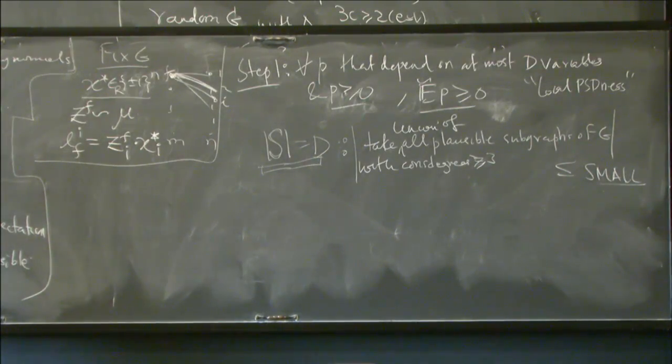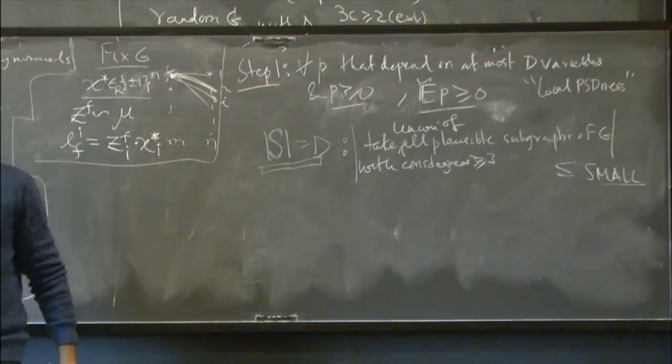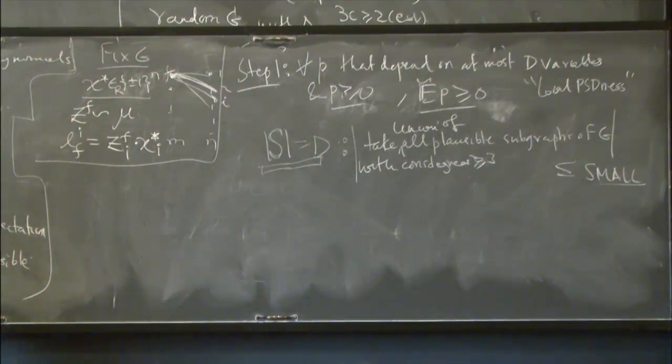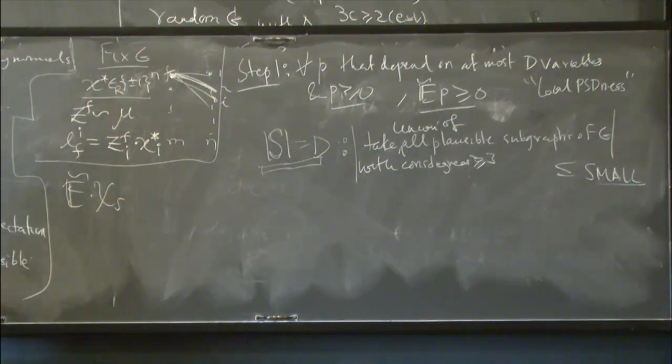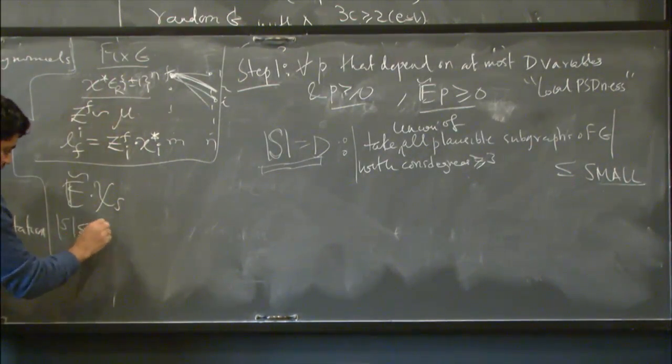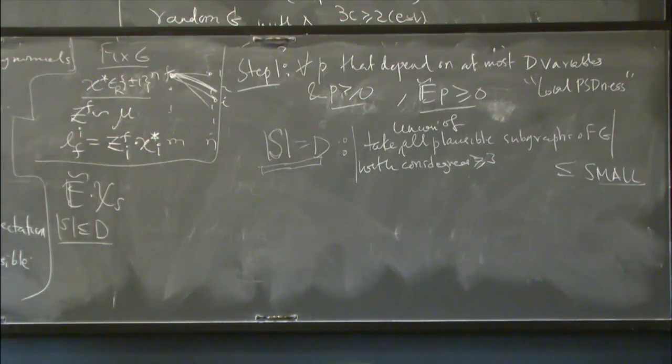Okay, so if you look at the planted distribution and condition it and marginalize it over this set, it turns out that the distribution you obtain is the local distribution. So both of these can be interpreted as saying the following: the pseudo expectation of any monomial chi S of size at most d, even though it has this global constraint where every degree d polynomial square should be non-negative, is actually a very local function.